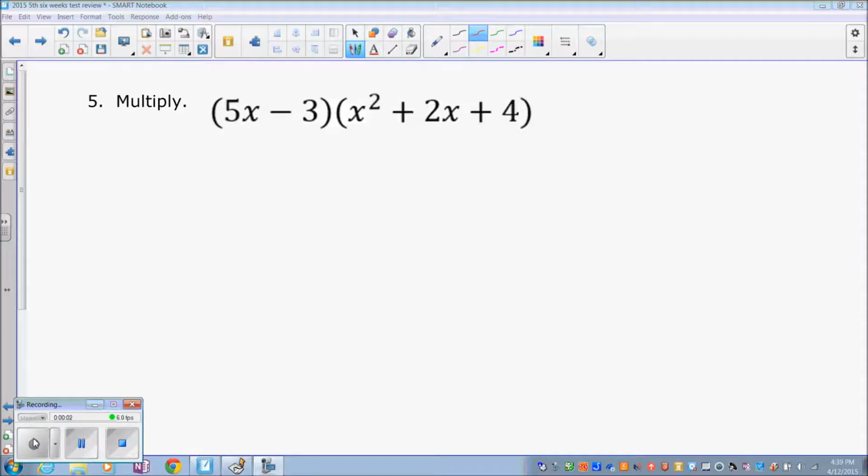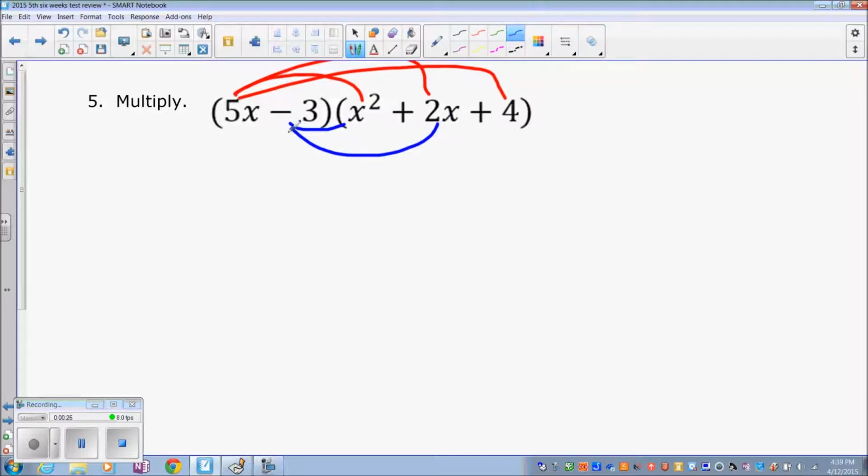Number 5, multiply 5x minus 3 times x squared plus 2x plus 4. So this one's a little bit different because we can't exactly FOIL, but I'm going to have to multiply 5x times everything in the other parentheses, and then I'm going to have to multiply 3 times everything in the other parentheses, and we'll do it in different colors so we can see our like terms. Okay, so let's start by multiplying 5x times x squared.